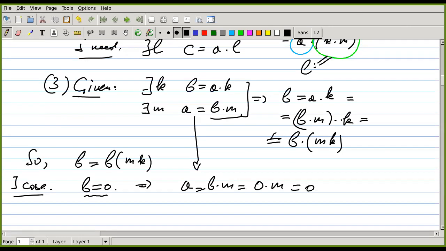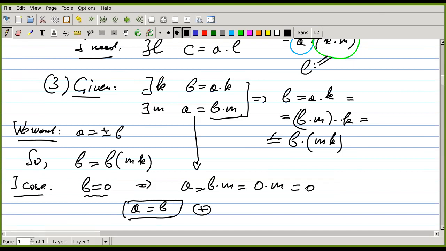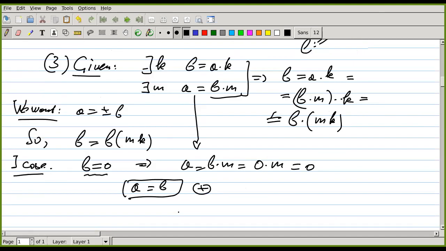They are both 0, so a equals b, and we are done. By the way, we want that a is either plus or minus b. So we are done here. Is it clear?